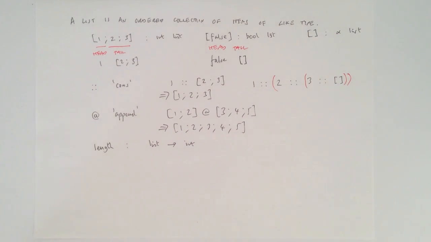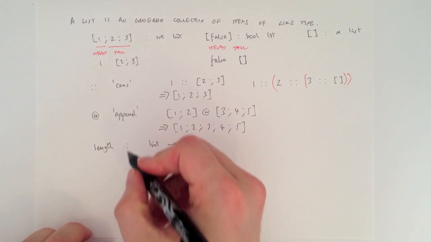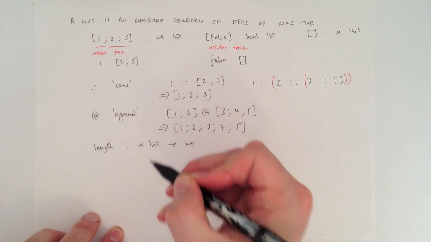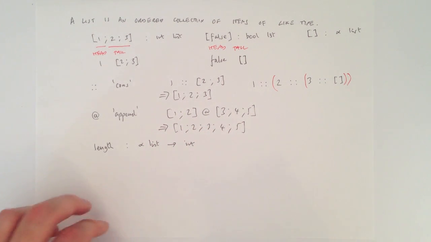Well, we're going to be taking the list apart and counting how many elements there are in it, but we're not going to be inspecting the individual elements themselves. So they don't need to be of a particular type. So in fact, this function is going to work on any list. You give this function any list, it will count how many items there are and return that as an integer. But it doesn't matter what kind of list you gave it.